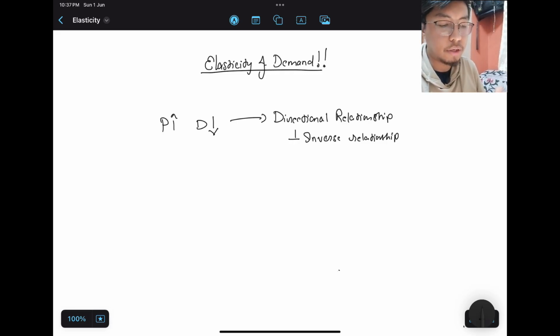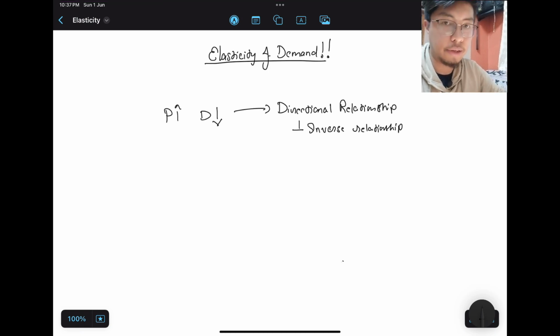But when you're talking about elasticity of demand, elasticity goes a step further and it addresses the quantitative aspect. What I mean by the quantitative aspect is that it addresses by how much. Because that is a legitimate question to ask. The law of demand says when prices are increasing, demand is decreasing.